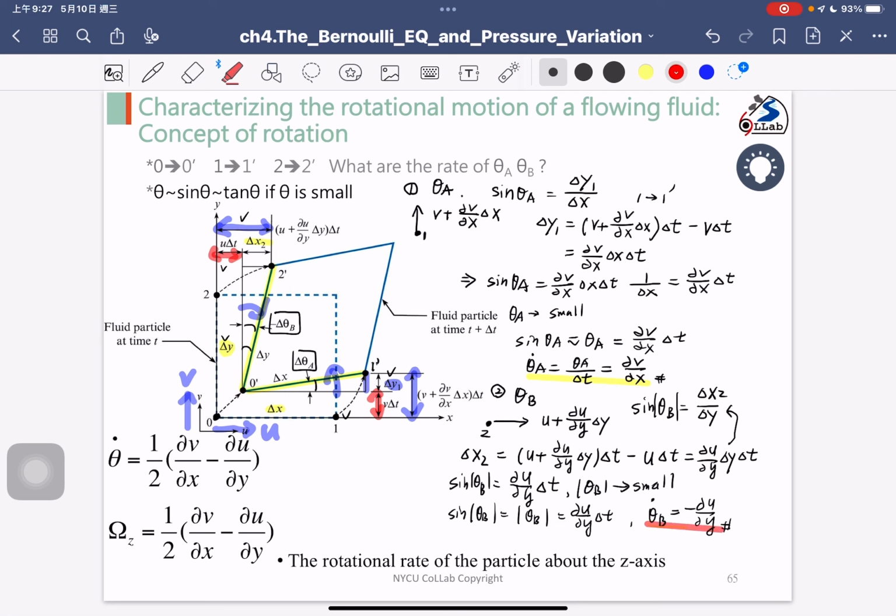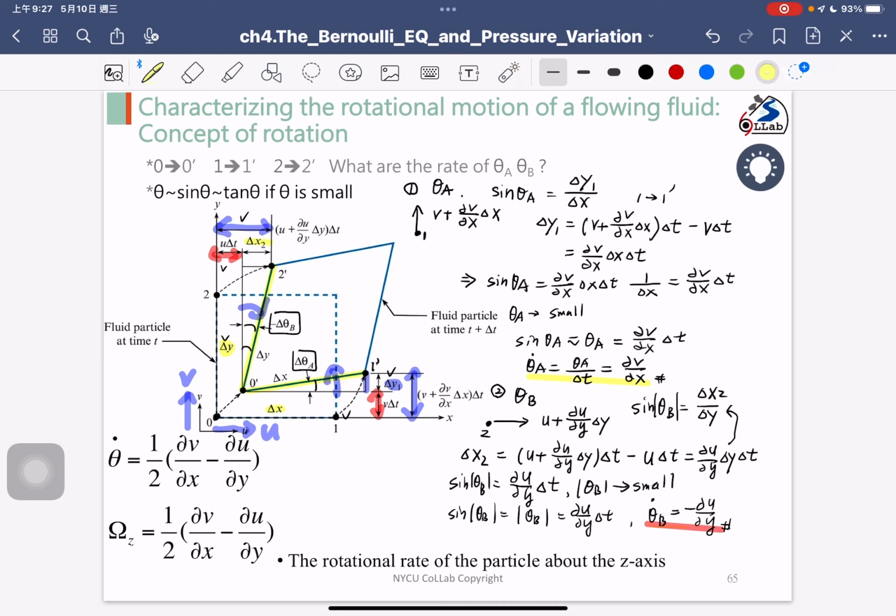Because we compute the theta rate, so we also divide by delta t, and we can cancel out delta t here. So we know the theta rate b is equal to minus du dy. Why the minus? Because we know the rotational angle for theta b is negative, so there's an additional minus here.